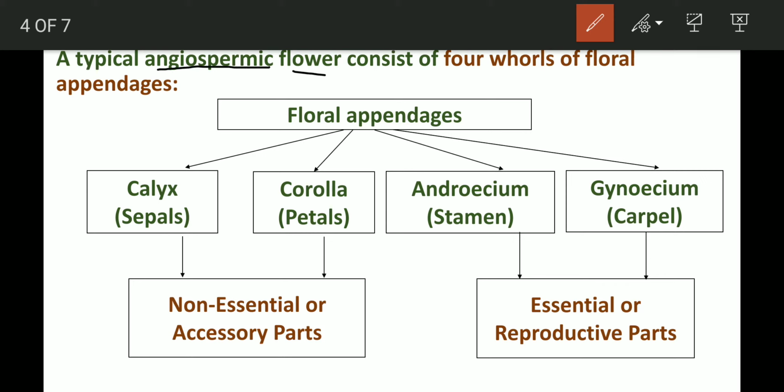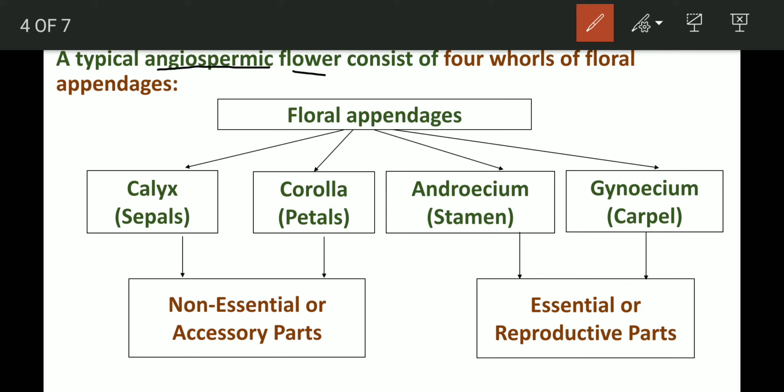Let me erase it and draw it again. So it consists of 4 whorls: this is the innermost whorl, then the second, third, and the fourth whorl. These whorls I have drawn for the floral appendages.